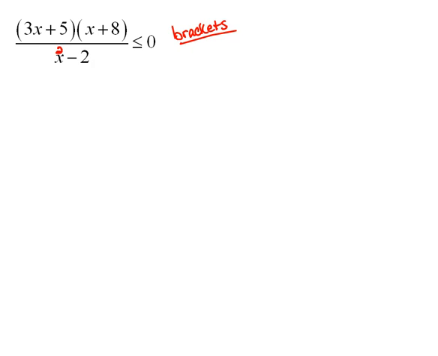If we were to put a 2 in here for x, 2 minus 2 would cause a 0 denominator. So that tells us that we cannot use 2 as a valid x. So if we have to use 2 for some reason, that's telling us that we're going to have to use a parenthesis on 2 instead of a bracket like we normally would.